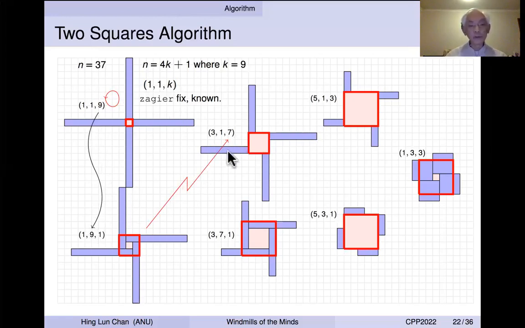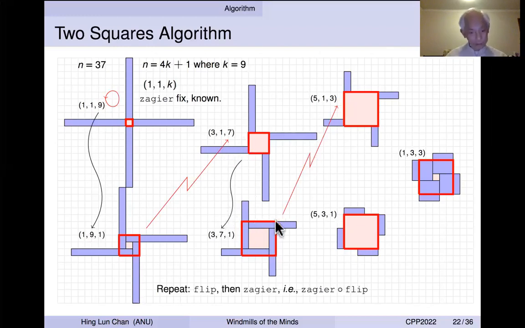And so we repeat this process, flip and Zagier, to get to other new windmills not encountered before. And do it once again, flip and Zagier, then we arrive at the flip fixed point.